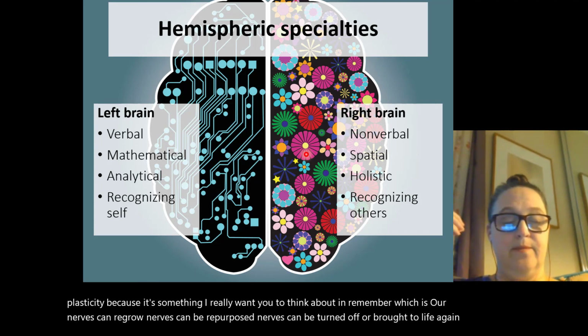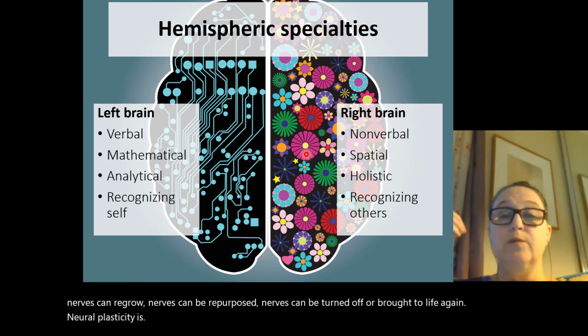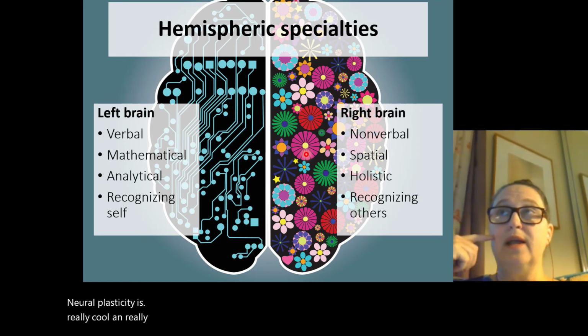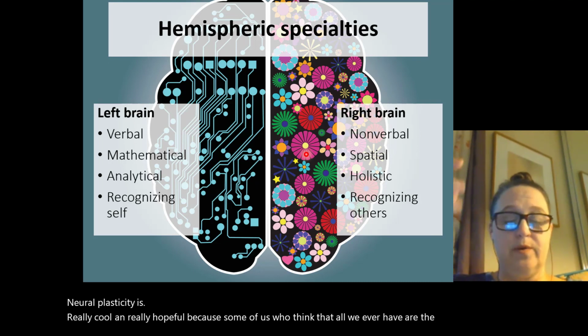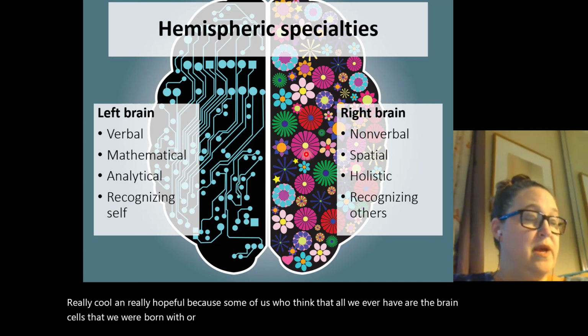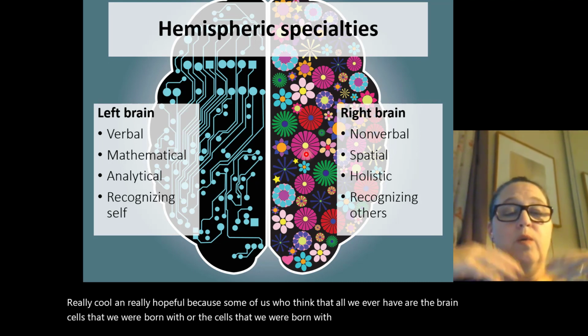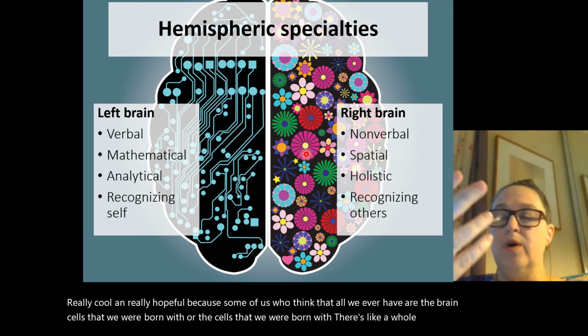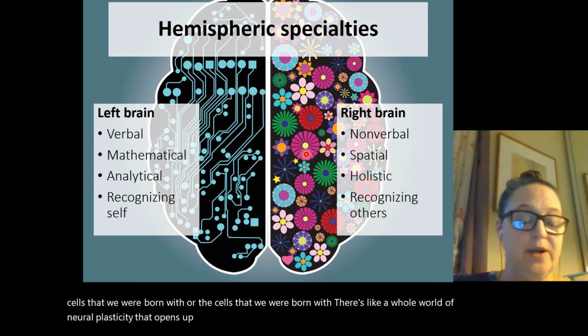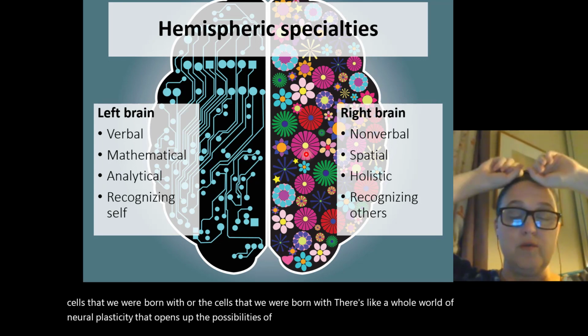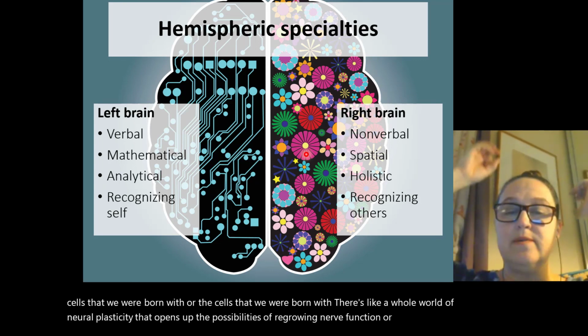Neuroplasticity is really cool and really hopeful, because some of us think that all we ever have are the brain cells that we were born with. There's a whole world of neuroplasticity that opens up the possibilities of regrowing nerve function or repurposing one set of nerves to do another task.